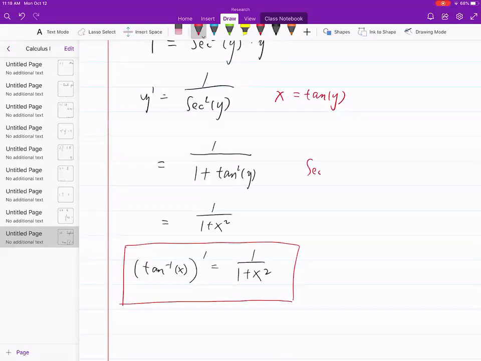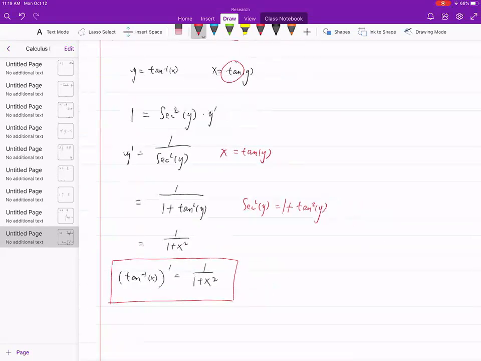We use the trig identity. Is the logic here clear?